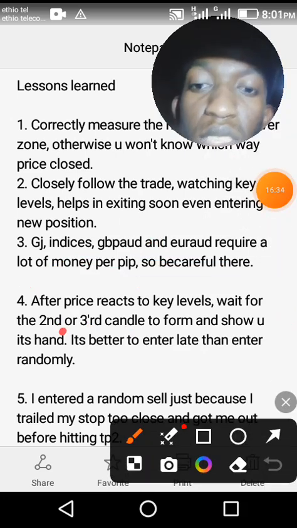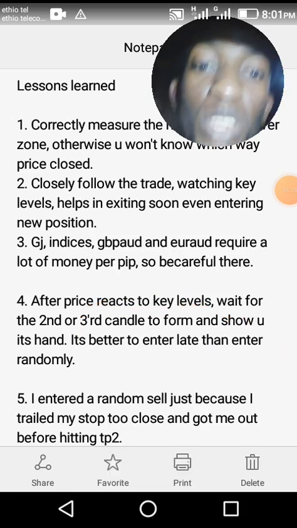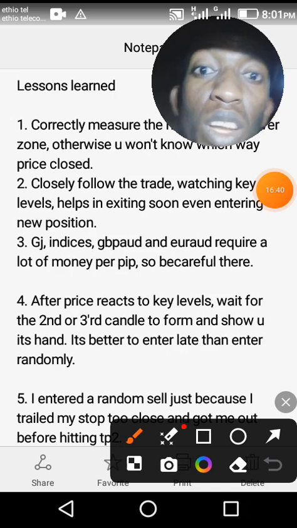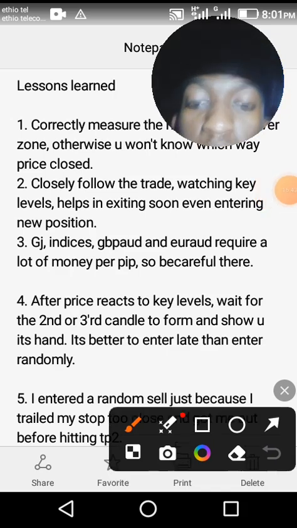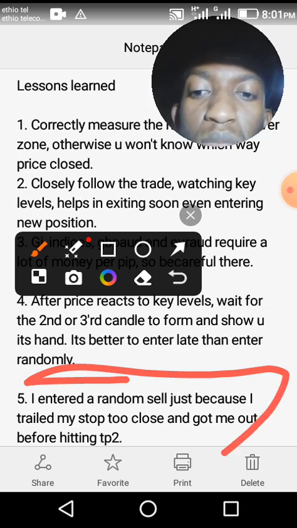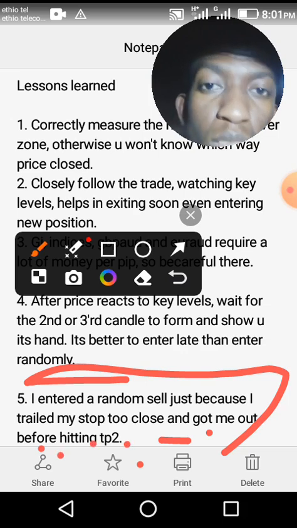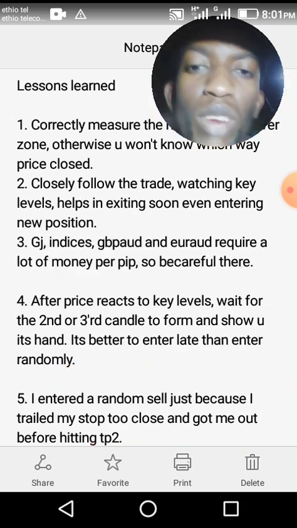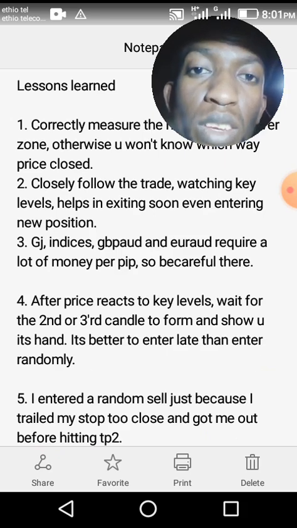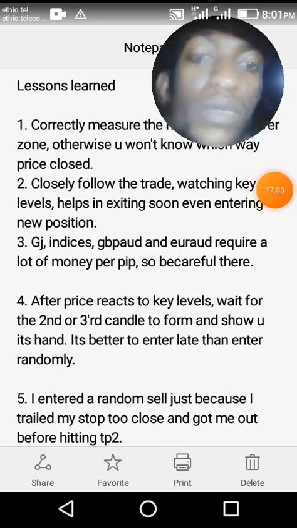Then it is better to enter late than enter randomly, alright? You will lose money. It's better to enter late. I entered a random sell just because I trailed my stop and it got me out of the trade before hitting it. So I was in a sell on Euro yen, and then I trailed my stop, so it went to profit.